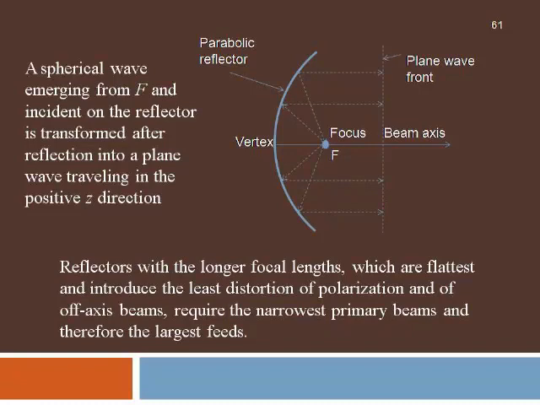Reflectors with longer focal lengths, which are flattest and introduce the least distortion of polarization, and off-axis beams require the narrowest primary beams and therefore largest feeds.